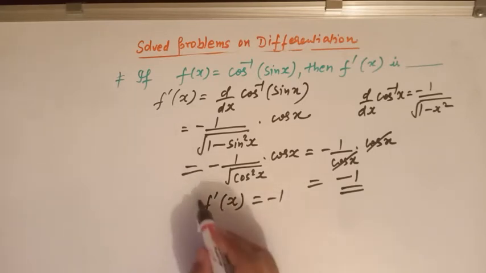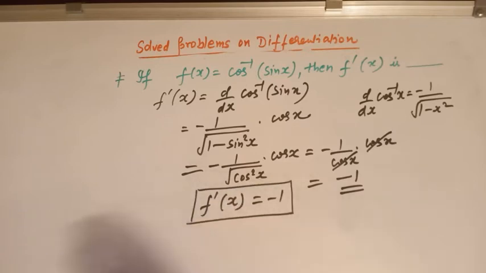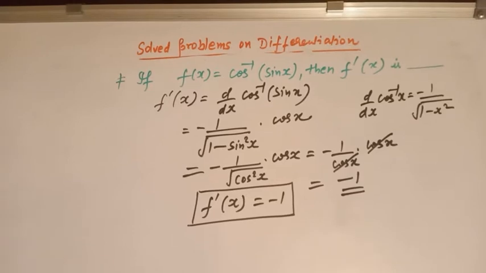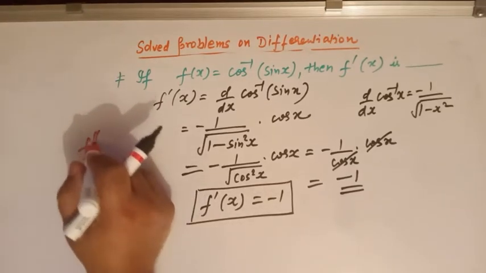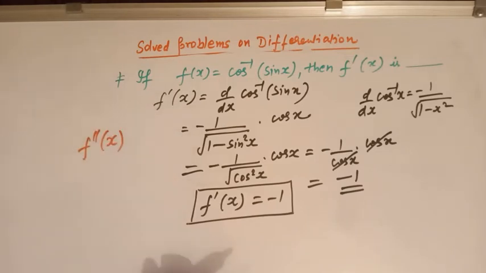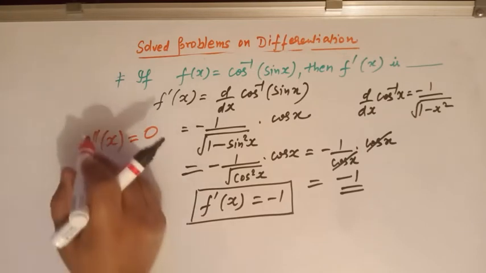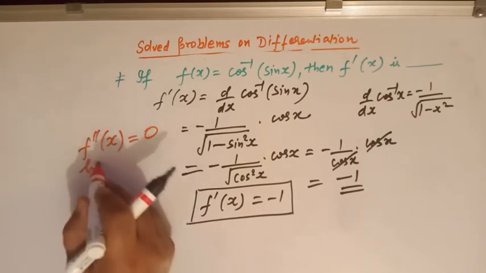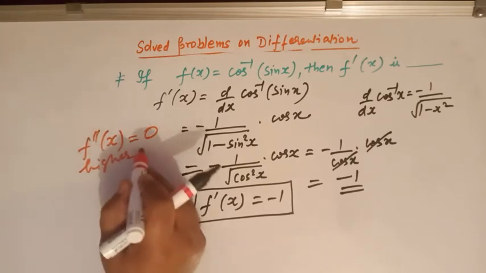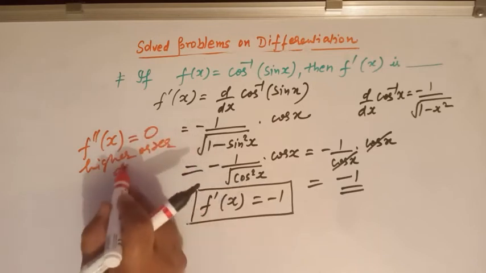So viewers, this is the first derivative, and here we note an important point. If we want to find the second derivative, f double prime of x, then it is obviously 0, and all the higher order derivatives are 0.